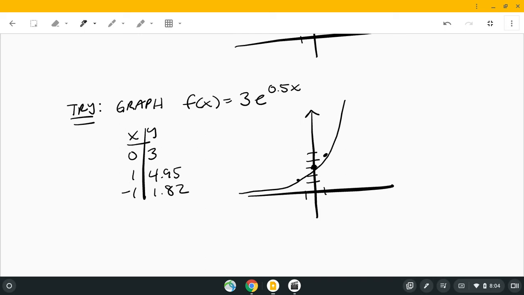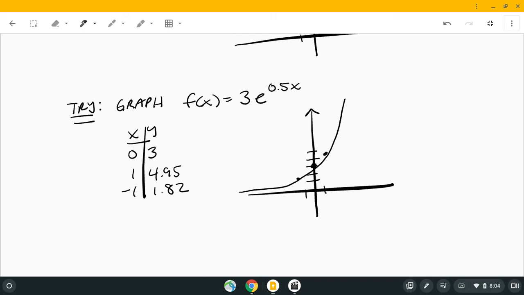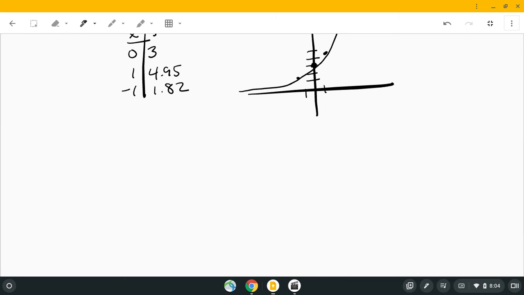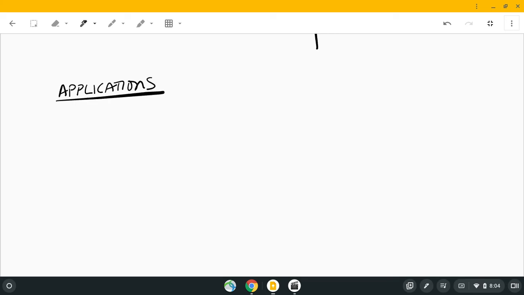All right, applications. So we'll take a look at some compound interest problems. Okay, so let's just recall when we had compound interest, we had this formula from the last section.